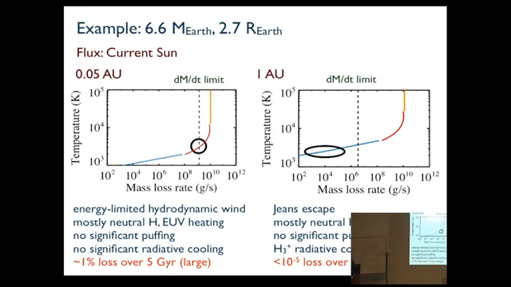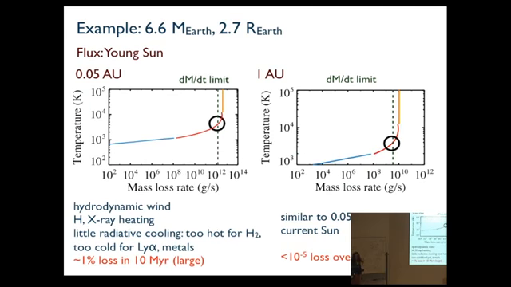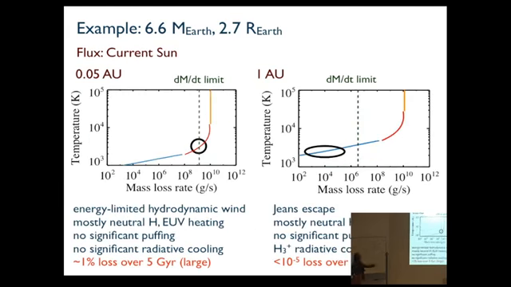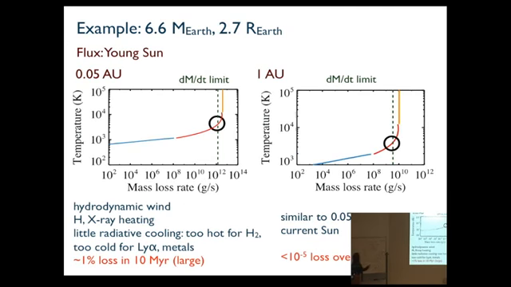The details of the outcomes here aren't important. Oh, I just wanted to point out, this has to be H2. The point is, if you go through this thought process, you can end up with what regime you think you should be in. So here, for example, there's little radiative cooling, so it's too hot for H2. You need atomic hydrogen in this same planet around a young sun.